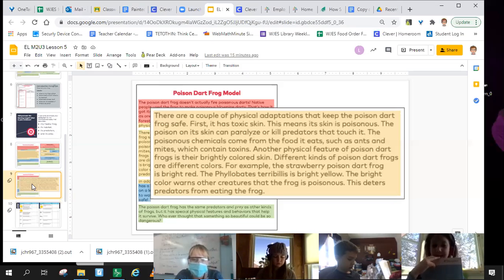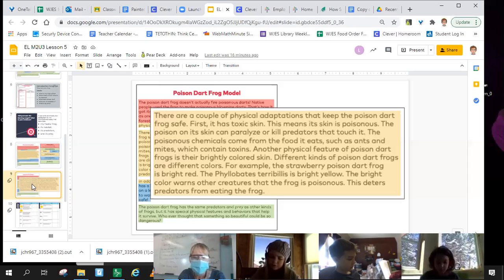Think about what's going to help the reader understand, because who's the expert? You, not the reader. All right, so then I put an example. For example, the strawberry poison dart frog is bright red. The Phyllobates terribilis is bright yellow. So I'm giving examples. I'm giving facts. I'm giving details. Does that sound familiar?